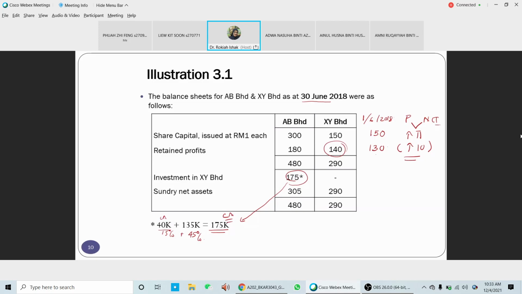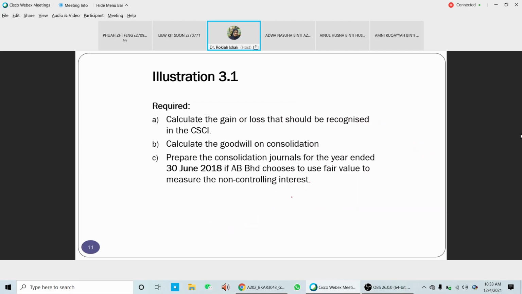So the question asks you to calculate the gain or loss that should be recognized, calculate the goodwill, and also prepare the consolidation journals for the year ended 30 June. ABC uses fair value to measure NCI.